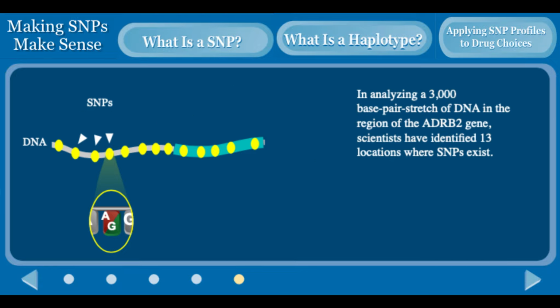To understand how genetic variation affects this receptor, researchers analyzed a 3,000 base pair stretch of DNA encompassing the ADRB2 gene. Within this specific region, they identified certain distinct locations where SNPs naturally occur.